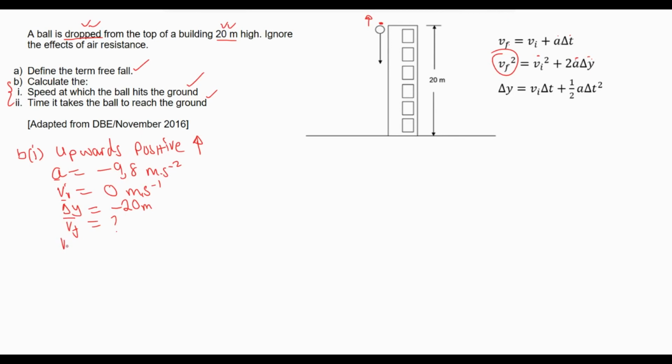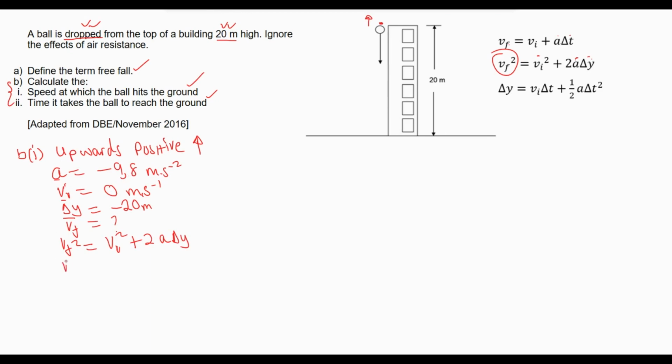So let's write the equation. Final velocity squared is equal to initial velocity squared plus 2 times acceleration times displacement. Let's substitute what we have. So that's what you have to do: write your information, substitute into the equation, and then do your calculations.